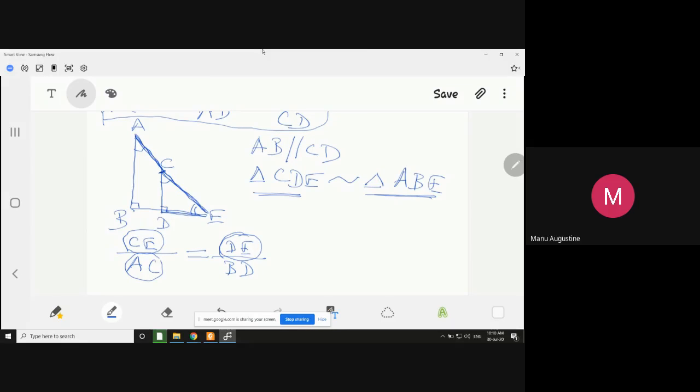This is only a line segment starting from here and ending here, so it is not a complete side of the triangle ABE or of the triangle CDE. So AC is not part of any complete side. Similarly, BD is also an incomplete line. This is not a complete side of either of the two triangles CDE or ABE. But still, this ratio holds true.